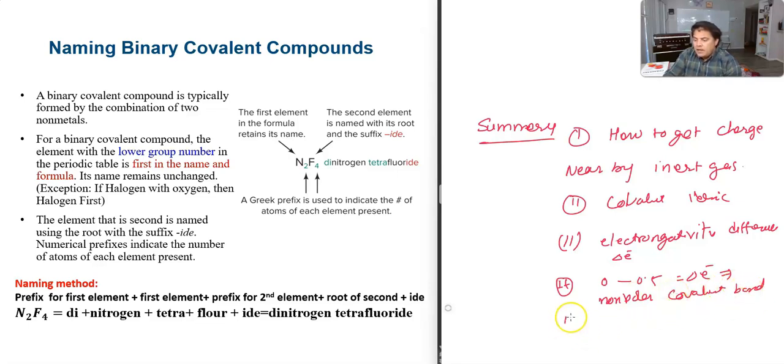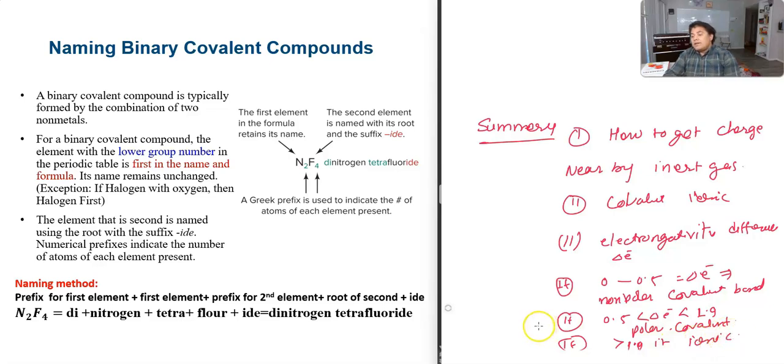And if delta E is greater than 0.5 and less than 1.9, that is a polar covalent bond. And third, if it is greater than 1.9, then it is ionic. That's the takeaway for today.